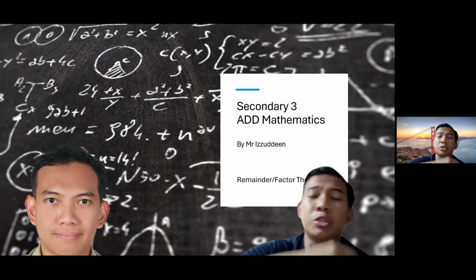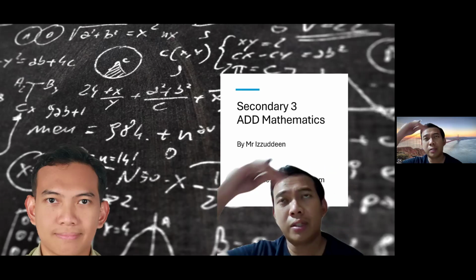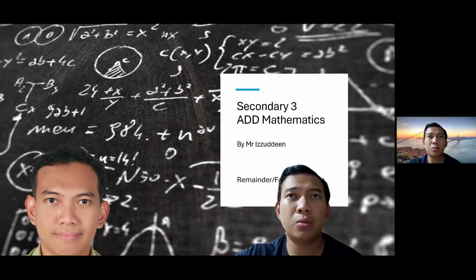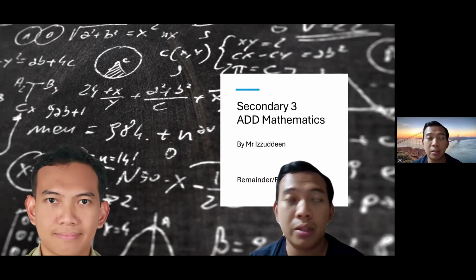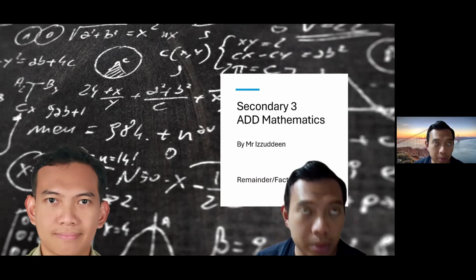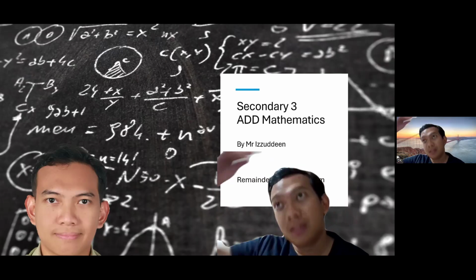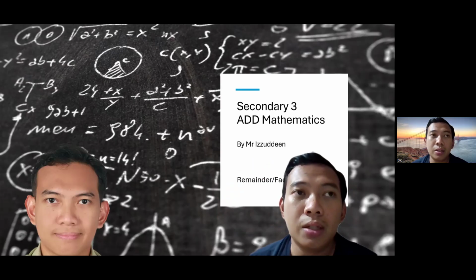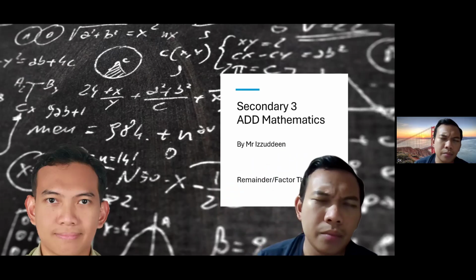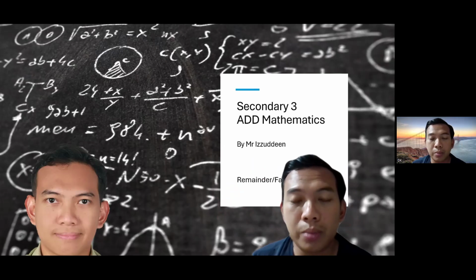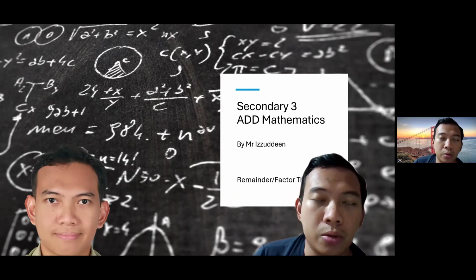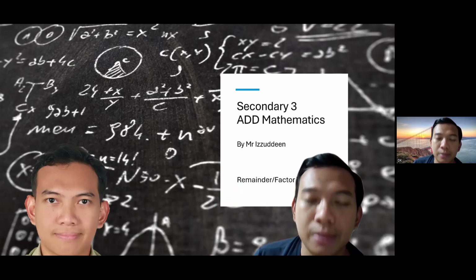The long division can be used in the factor theorem and remainder theorem, or there's also another method that we will uncover, which is also useful for solving cubic polynomials and cubic equations.